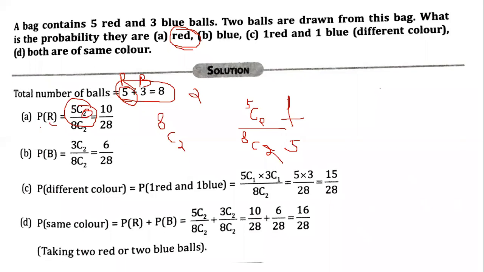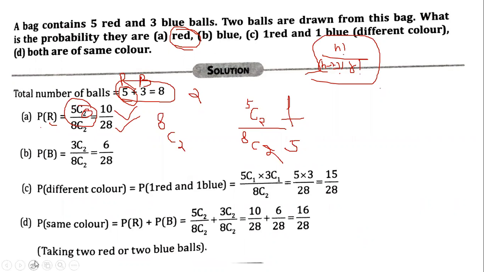Now this 5C2 and 8C2 is supposed to be solved. Now 5C2 is nothing but n factorial divided by n minus r factorial into r factorial. You have to solve using this formula and then you will get 10 as the answer, and for 8C2 you'll get 28 as the answer. I think I have solved this first part.